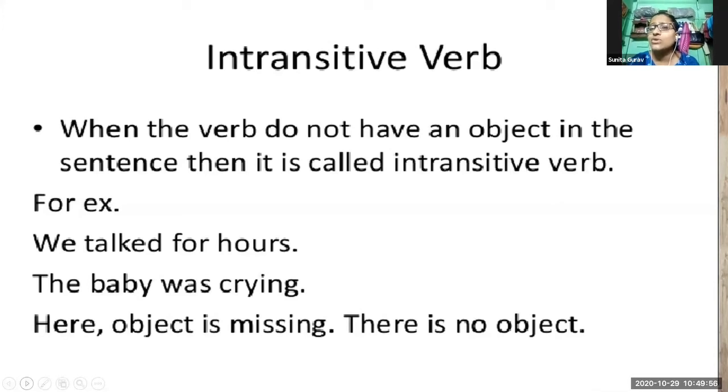Again I will tell you, sometimes when we speak or write something, we have a habit of not using the object. Sometimes we speak incomplete sentences. We do not speak the full sentence. At such time, that sentence is holding intransitive verb.